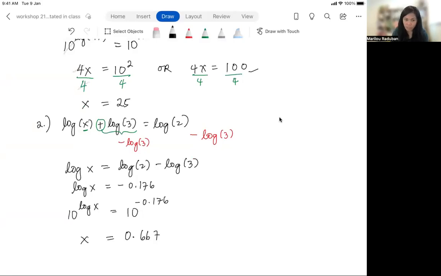So you can do it this way. The whole idea is that the log x should be by itself before you do the base 10 and get rid of the log.